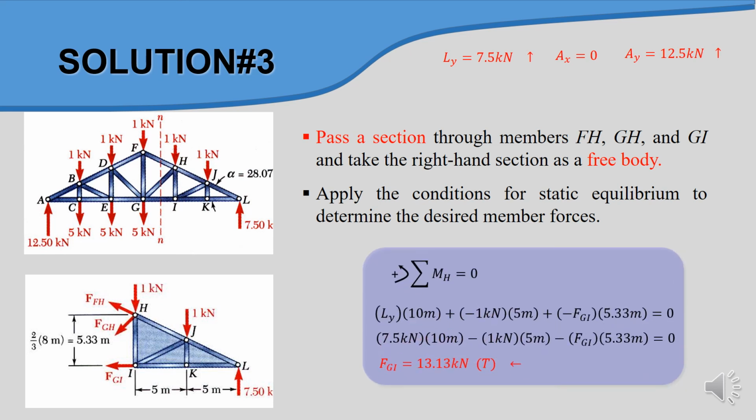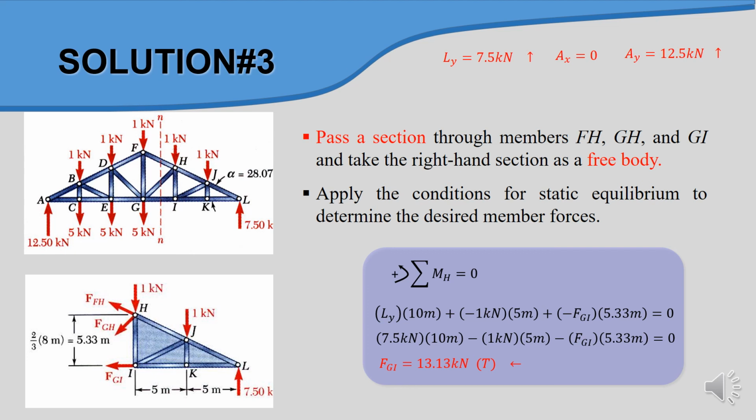Basically at point H, if you set the moment at point H, you will get the value of FGI. So it's better for you to compare problems 1, 2 and 3 given here, and then you decide which point you want to start first.